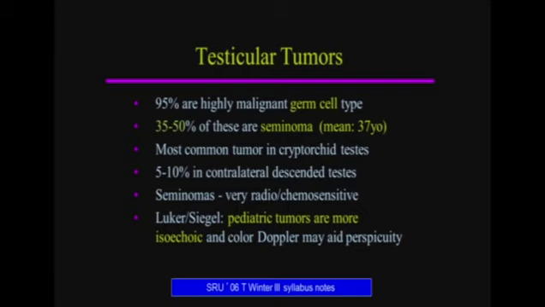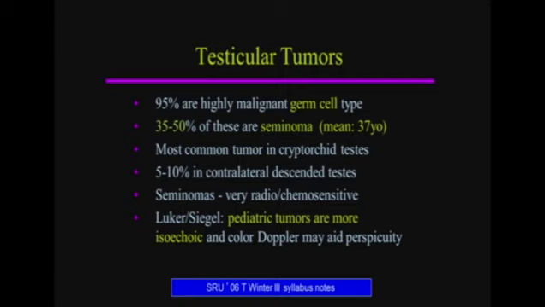Of testicular tumors in males, 95% are highly malignant germ cell type. 35 to 50% of these are seminomas, with a mean age of 37 years.